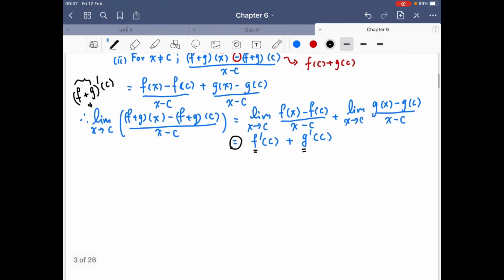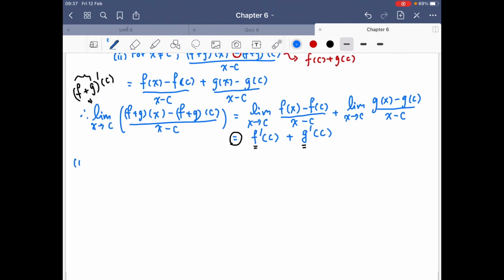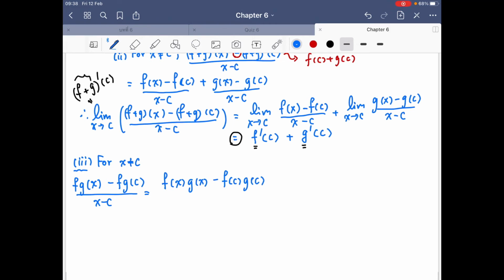Now, as I told you, number 3 is an important technique that you should have learned. Again, this is for x not equal to c. If you look at fg at x minus fg at the point c over x minus c, this quotient is the same as f of x g of x minus f of c g of c over x minus c.